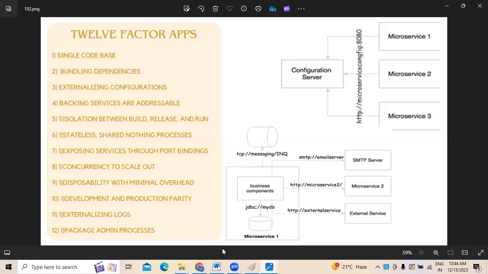I'll ask you. So the next point is about backing services and addressability, as I told you. Whatever backing services we work on in this cloud environment must be accessible through URLs. We address accessibility through URLs in online cloud applications.